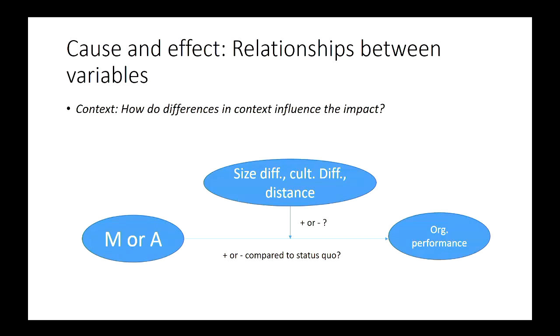So you want to see the relationship or the impact of these variables, right? Again, they're variables. Size difference is a variable. So, let's say you're considering 10 groups, 10 pairs of companies that are trying to merge.